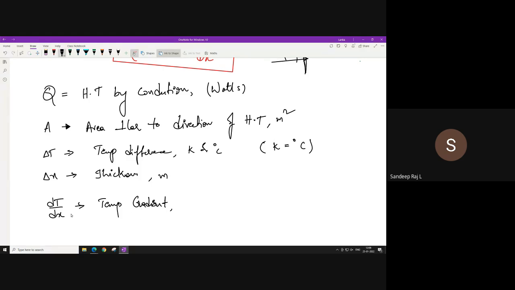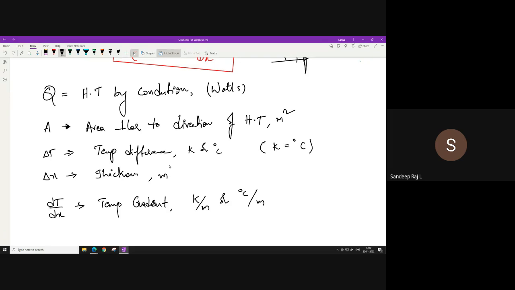What will be the unit of this temperature gradient? It is Kelvin per meter or degree centigrade per meter. Numerator is temperature, denominator is distance. Both you can have because it is a difference, so Kelvin will be equal to degrees centigrade.